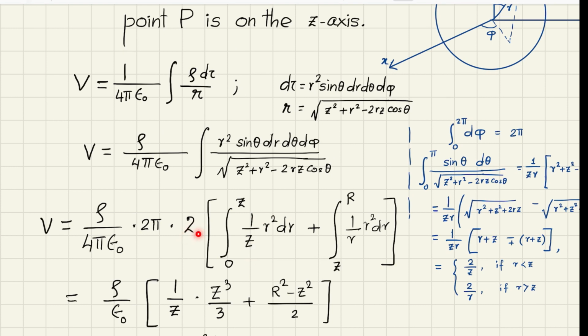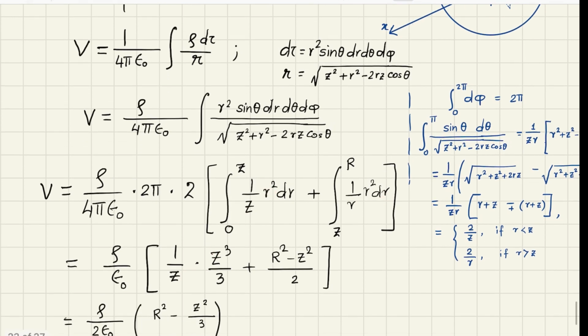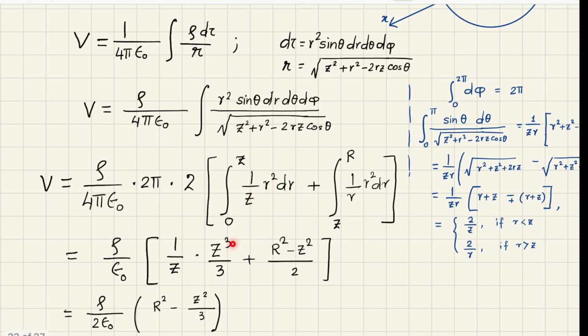And this 2 I have taken out, 1 by z, 1 by r square dr. Simple integral. So rho by epsilon naught, this is z times 1 by z cubed by 3, r square minus z square by 2. So this is indeed rho by 2 epsilon naught times r square minus z square by 3.